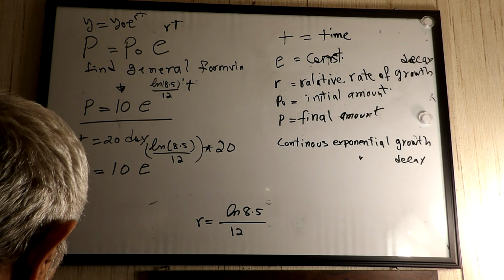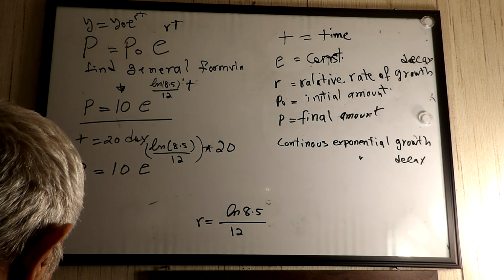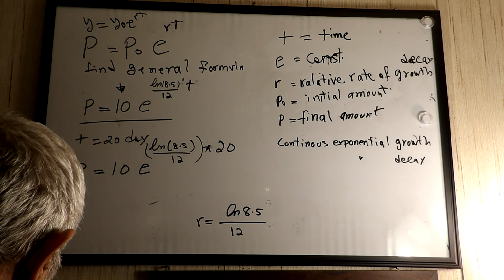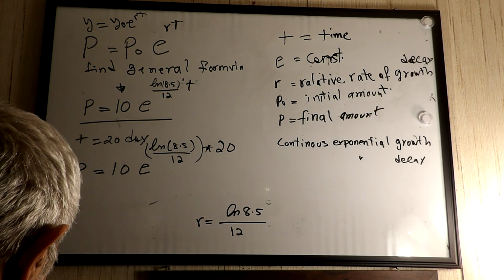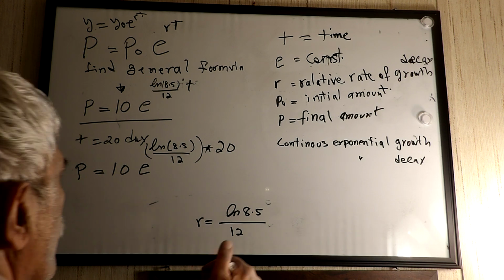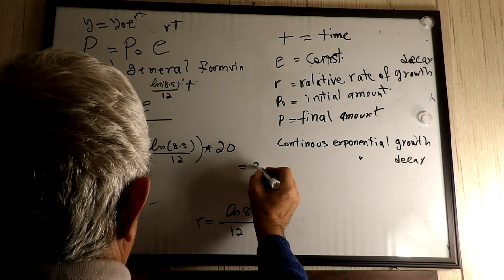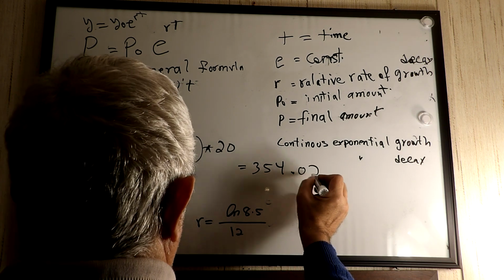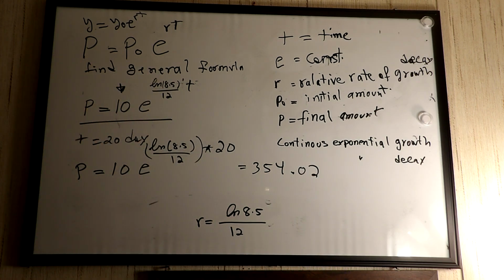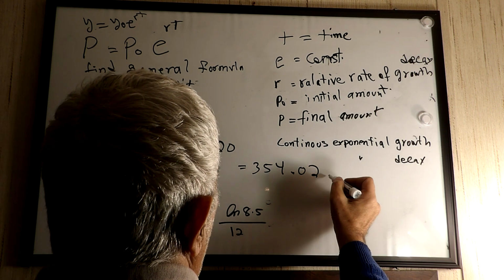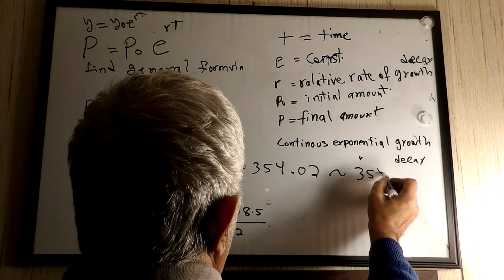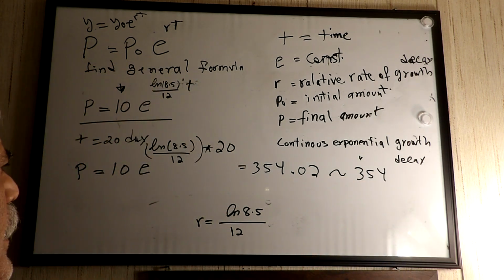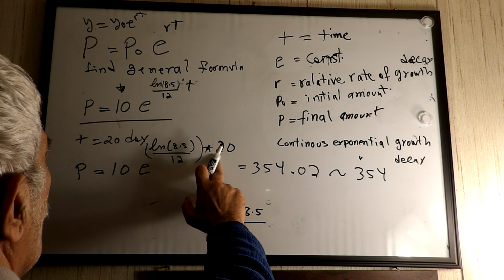We get 354.02, and they ask you to round it to the whole number. The whole number is going to be 354 bacteria at the end of the 20 days.